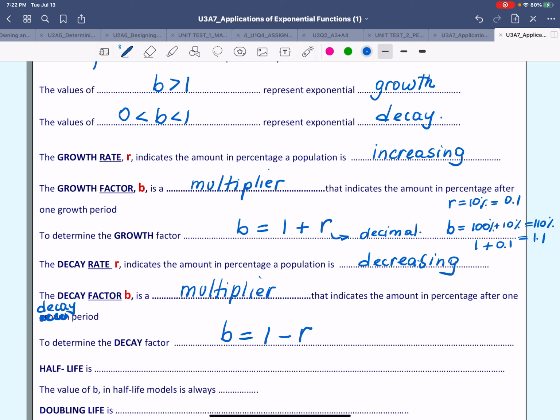For example, if a population is decreased by 10%, it means that the value of R is 10%.